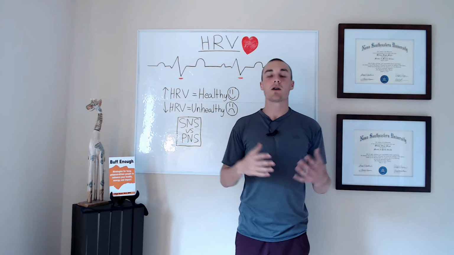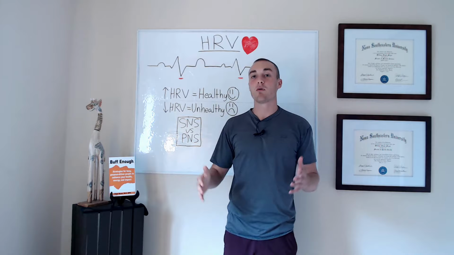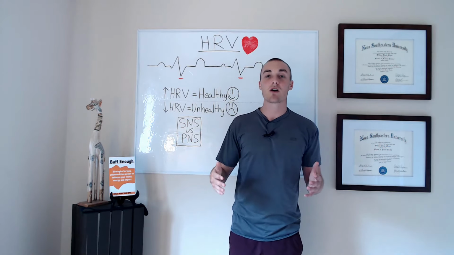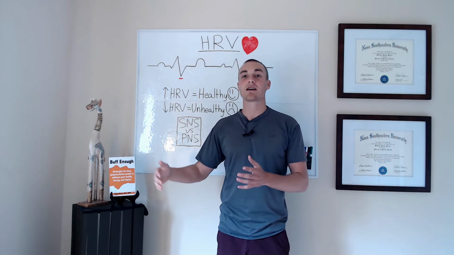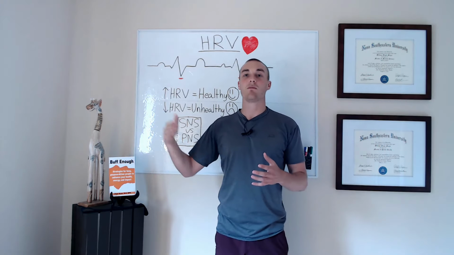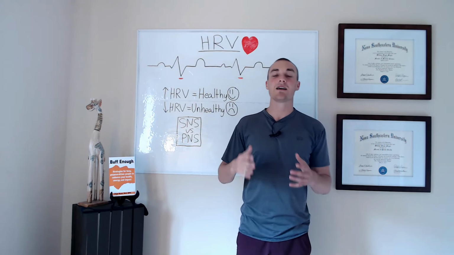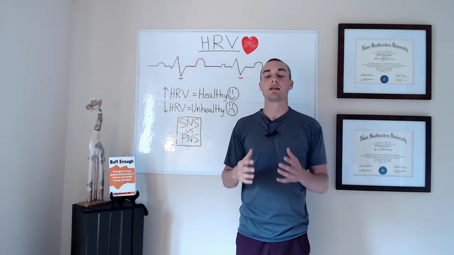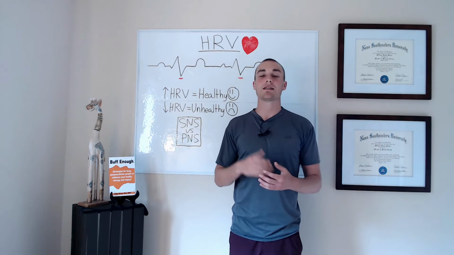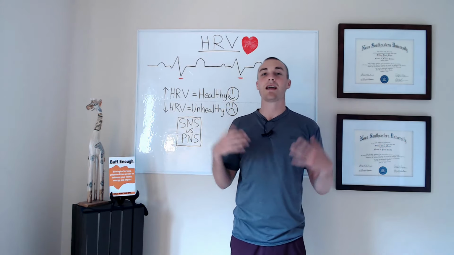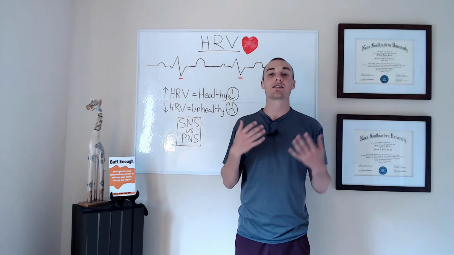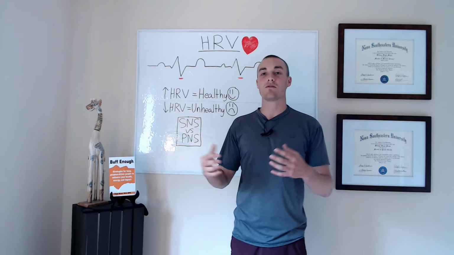So you would have one heartbeat, and then 1.4 seconds later another heartbeat, and then 0.7 seconds later another, and then 1.5, and then 0.9. There would be this variability between your heartbeats instead of just one heartbeat every second. And this is the sign of your overall health status and how healthy your nervous system is.